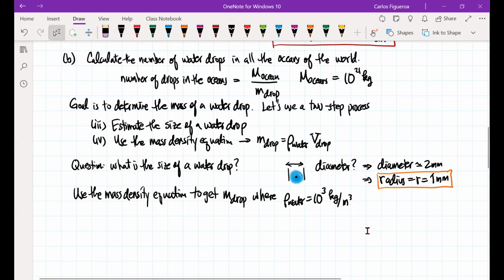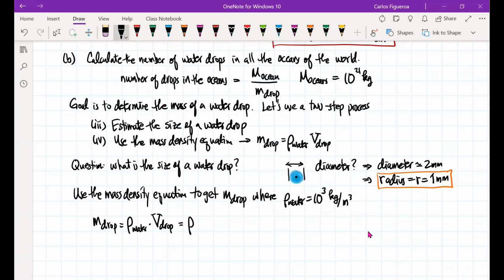Okay, so we'll just put it in our equation. The mass of a drop should be the density of water times the volume of the drop. If it's a spherical drop, the volume of a sphere is 4/3 pi r cubed.